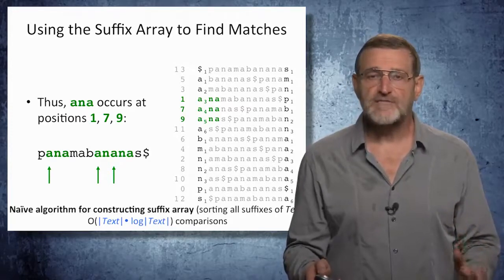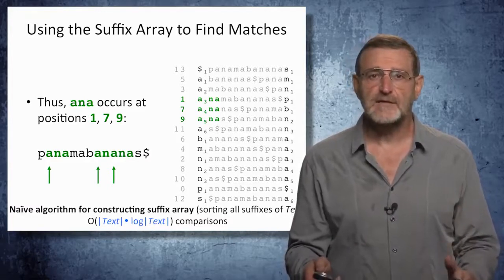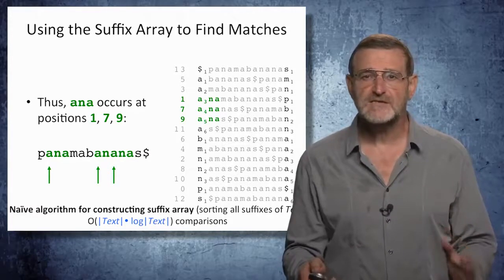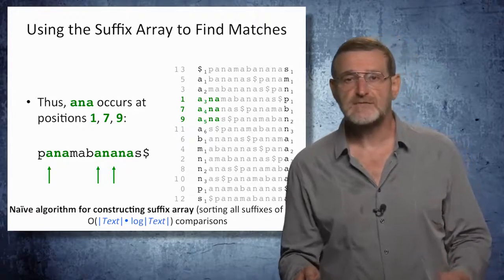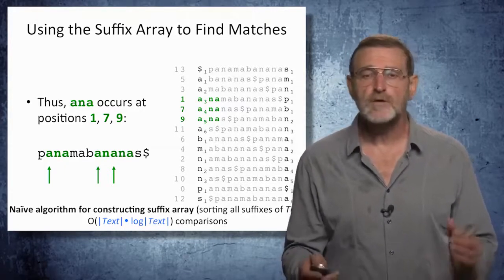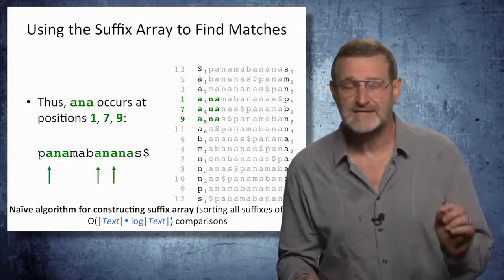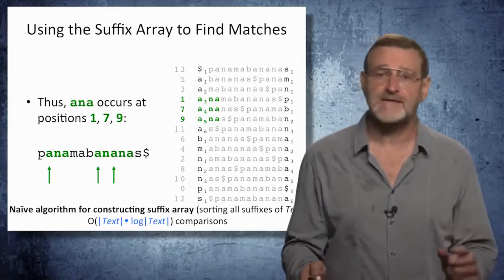The challenge, however, is how to construct the suffix array quickly, because the naive algorithm for constructing a suffix array, based on sorting all suffixes of the text, requires O of length of text times logarithm of length of text comparisons, and each comparison may also take time.